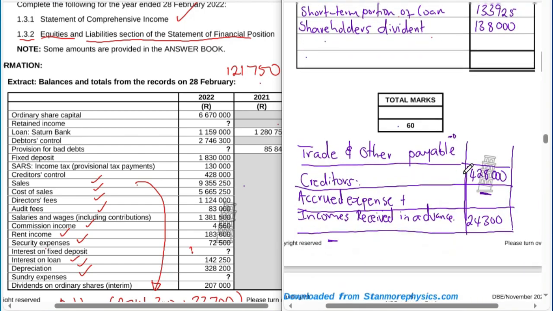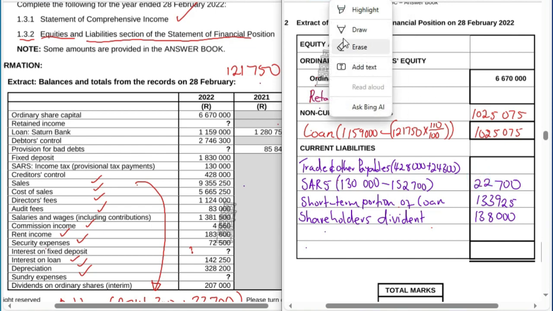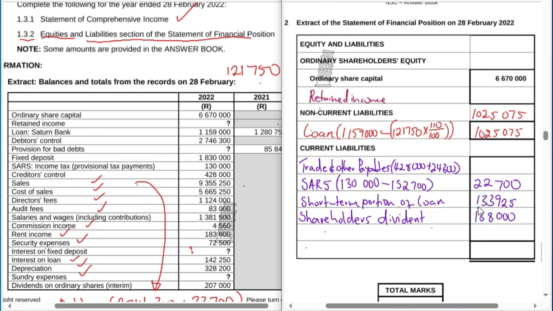And then guys, you can add this plus this equals to how much? 428,000 plus 24,300 equals to 452,300.